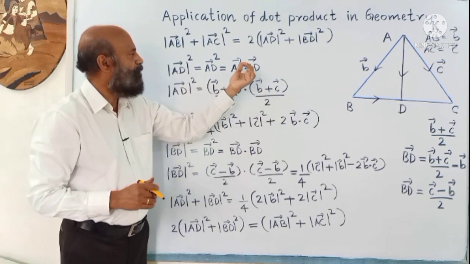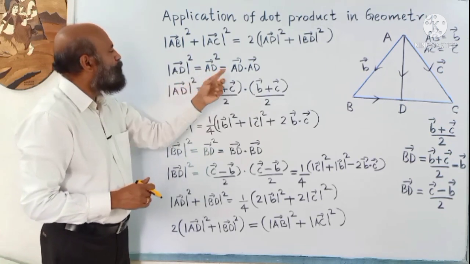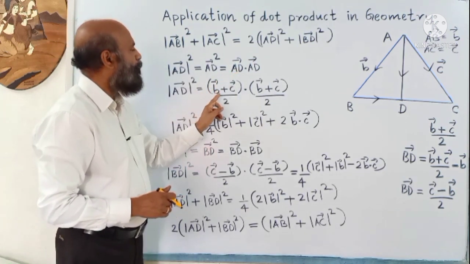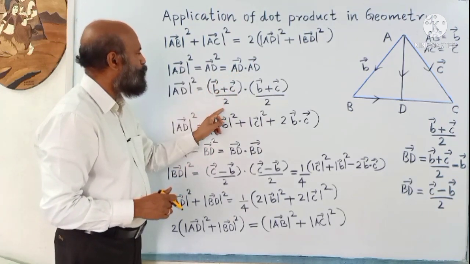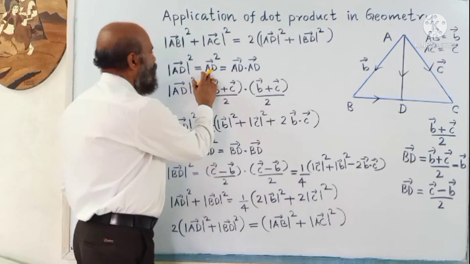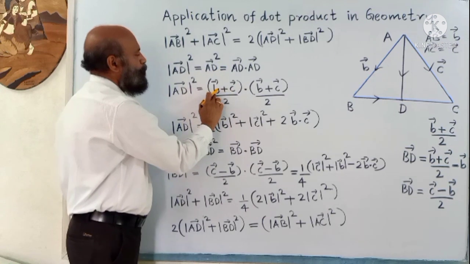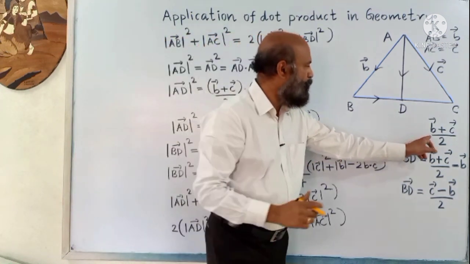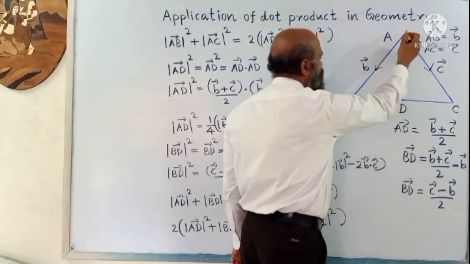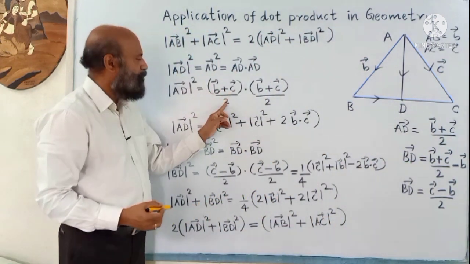Now AD vector is B vector plus C vector by 2, because the position vector of D is B vector plus C vector by 2 and A is the origin. So instead of AD vector, we can write B vector plus C vector by 2.